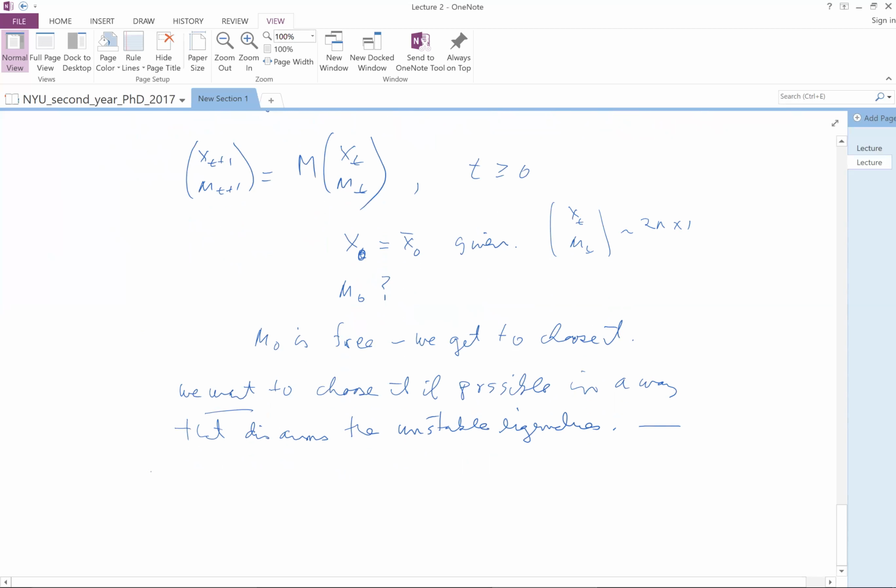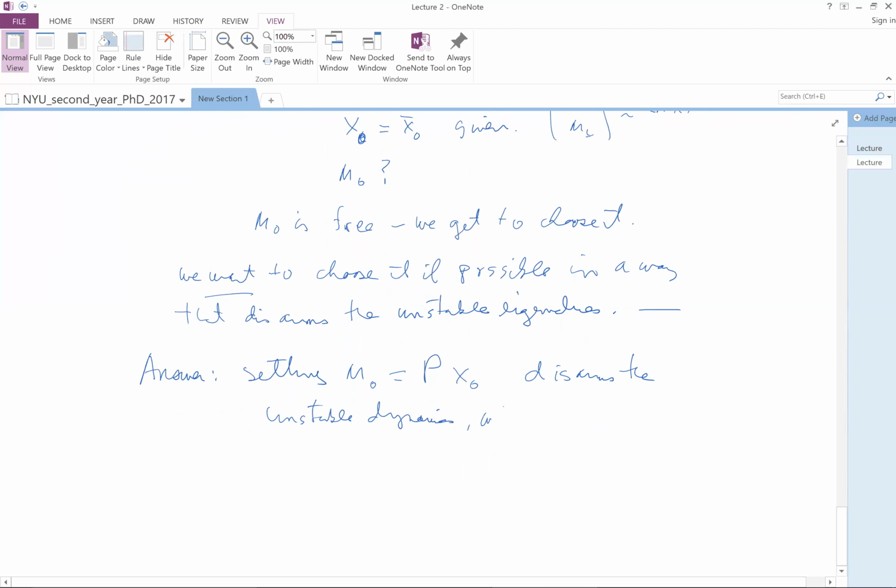The phrase is, seek and you shall find, if you don't seek too much. So the remarkable answer is, setting mu_0 equal to P x_0 disarms the unstable dynamics, where P solves the algebraic matrix Riccati equation.